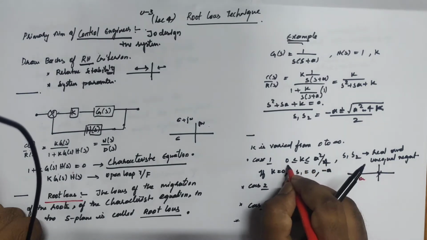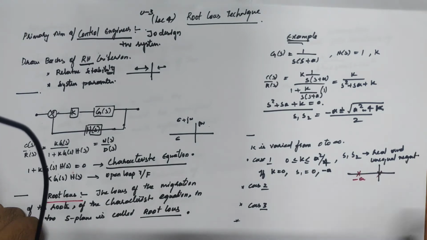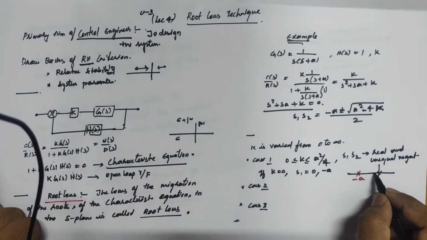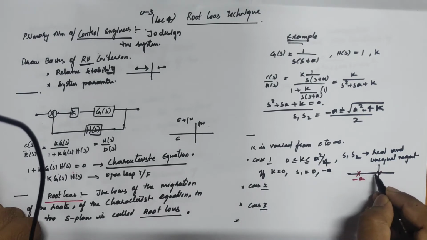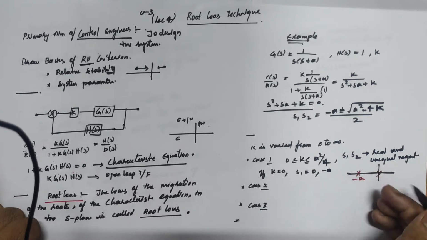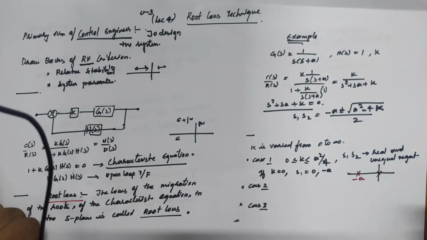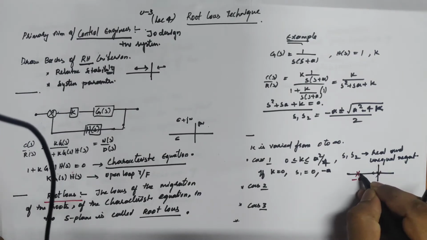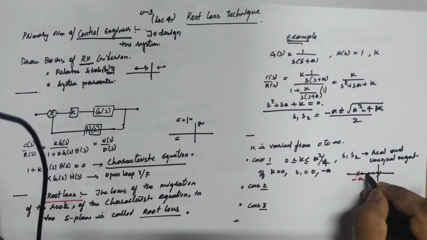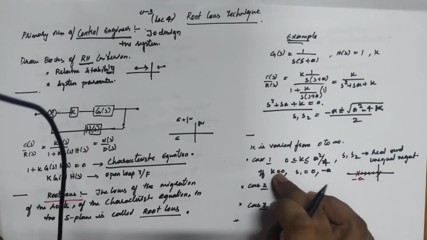In between, for different values of k, we have poles at intermediate positions. So the poles will shift from here to here, and so on.